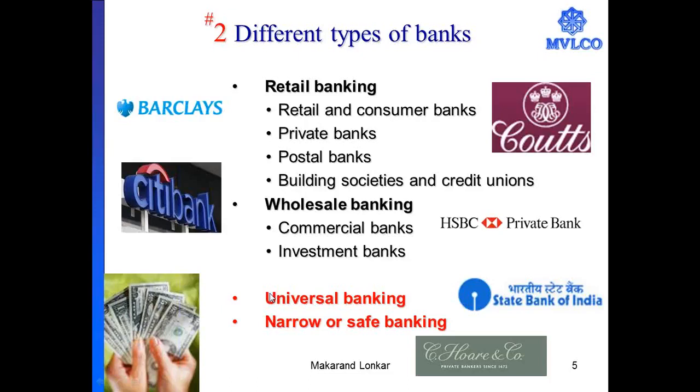So a narrow bank is where deposit acceptance will be happening, but the lending process will not be as risky as a universal bank. A universal bank may take more risk, whereas a narrow or a safe bank will take lesser risk. And you could have examples where the banks would not be willing to take extra risk in respect of products like investing in derivatives or investing in equity shares.